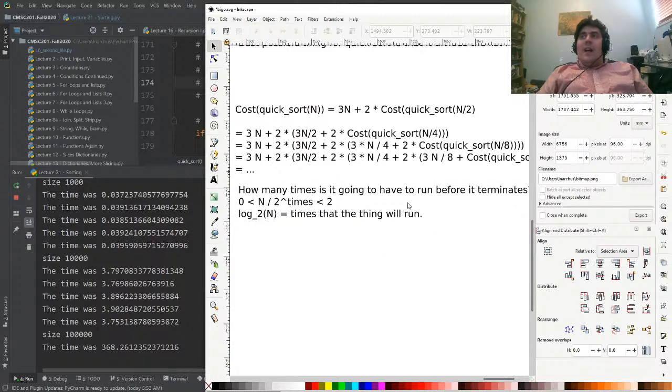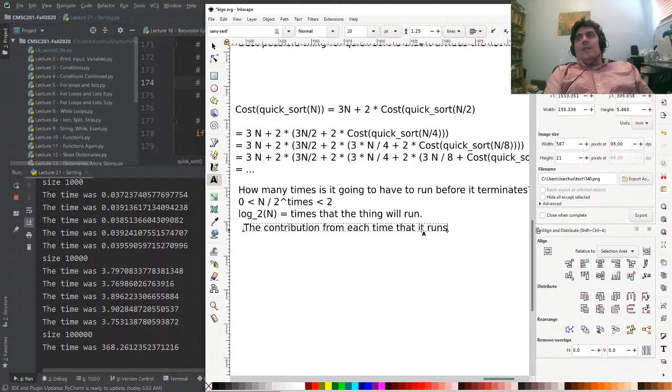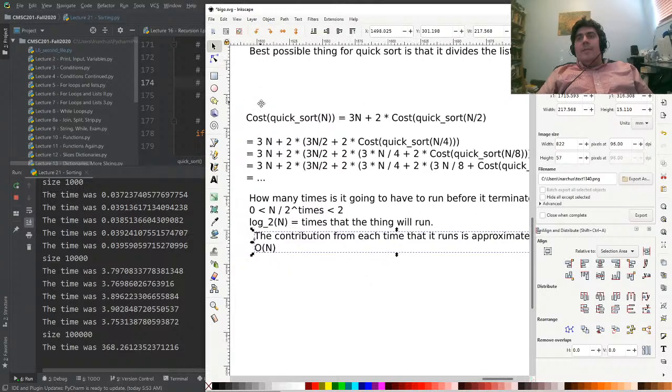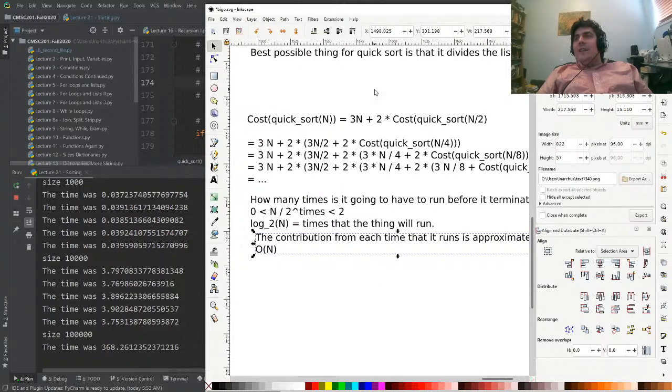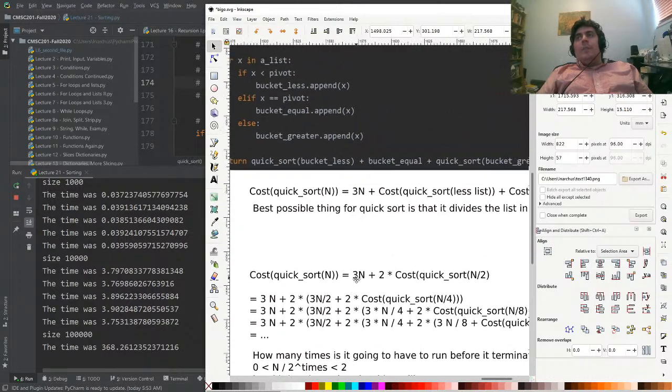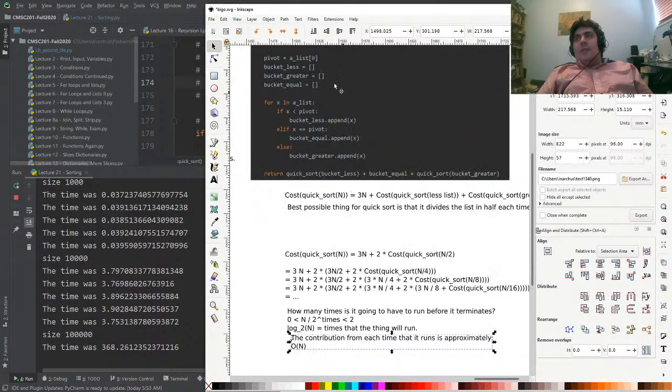And then each time it runs, you get a contribution of what? The contribution from each time that it runs is approximately O of n. And the O of n comes from the fact that there's this for loop here.